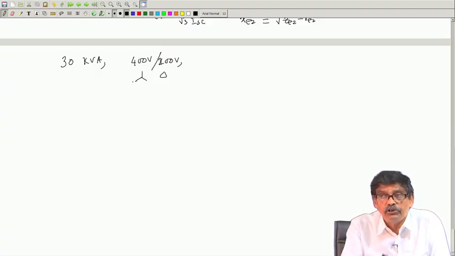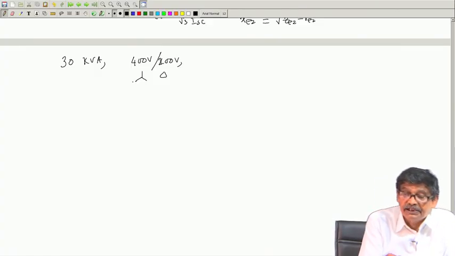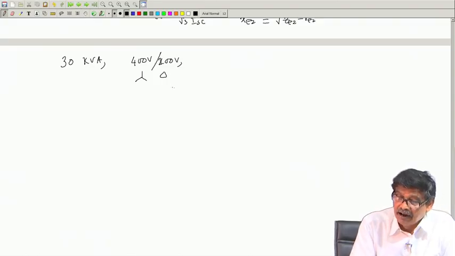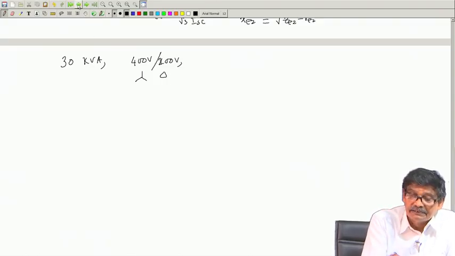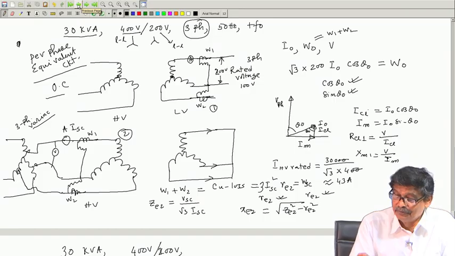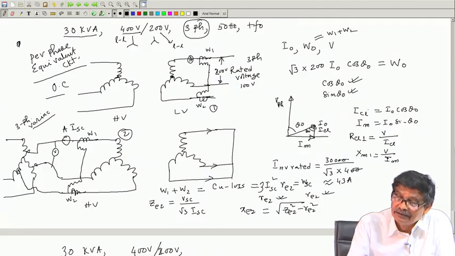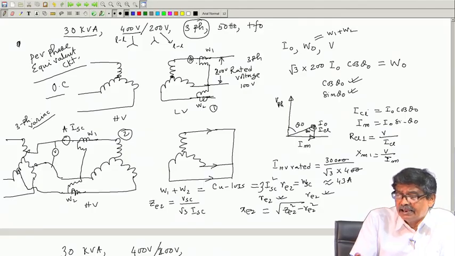You have to carry out the open circuit and short circuit test, because the readings we are taking are only the line readings. While carrying out the test, I am measuring the line quantities. In fact, you do not need the information whether inside it is star or delta connected.